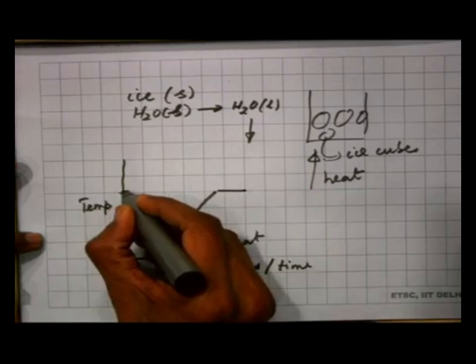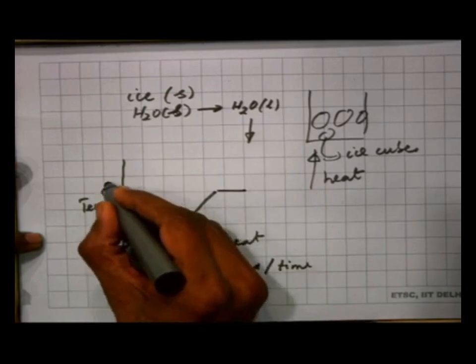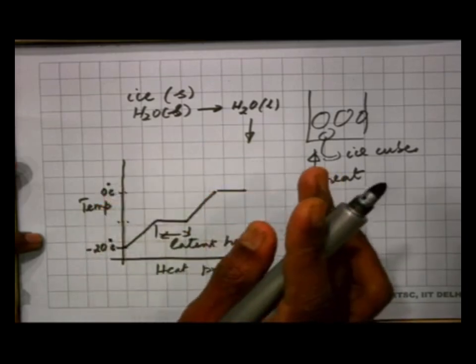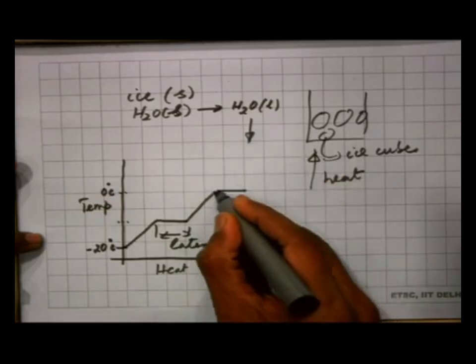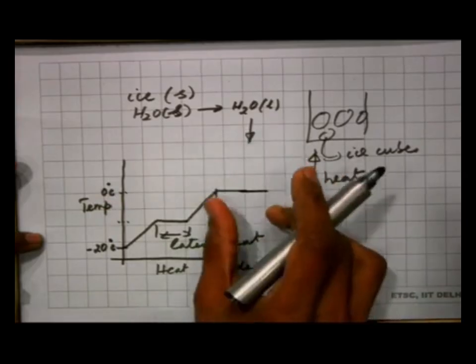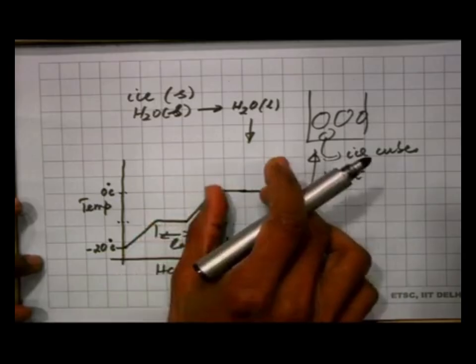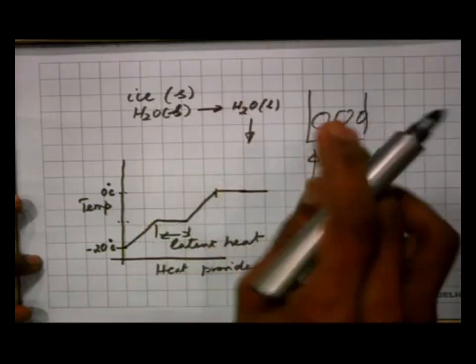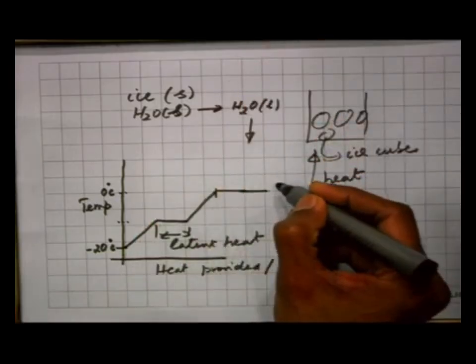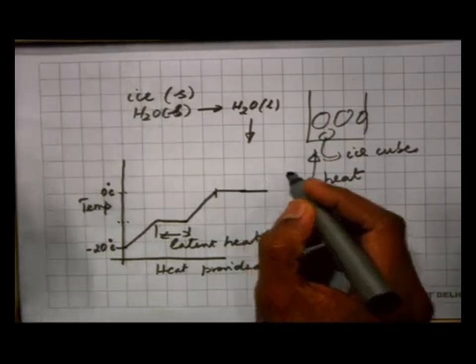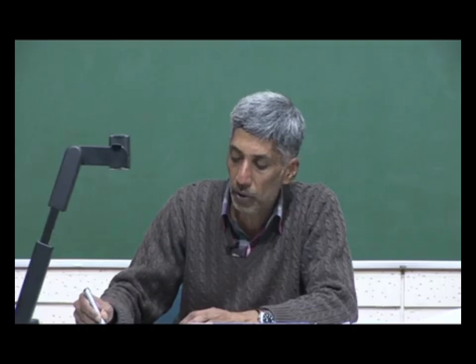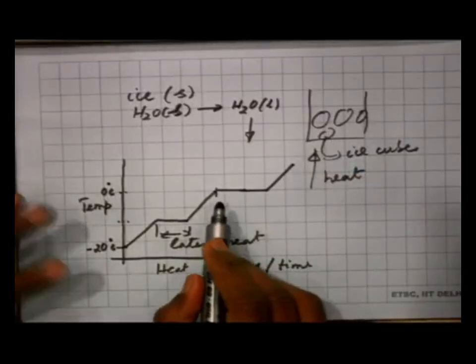When liquid gets converted into steam, you will then again have a latent heat. The amount of heat that you have to provide in the case of water in this case is much higher than what you need to do before. So, this horizontal portion is going to be longer, and then after that, once all the liquid has been converted into steam, the temperature will again rise. So, this is what you would see.